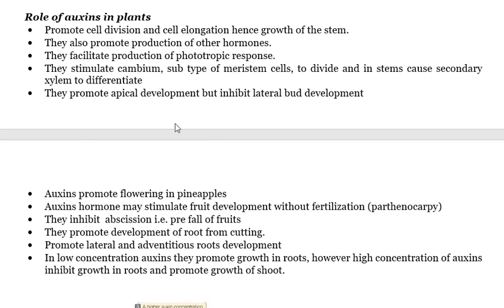Another point is that they promote apical development but inhibit lateral bud development. Now when we are talking of apical development, that means the apex of the plant. So Auxins always promote the development or growth of the apex of the plant, while they inhibit the lateral buds.